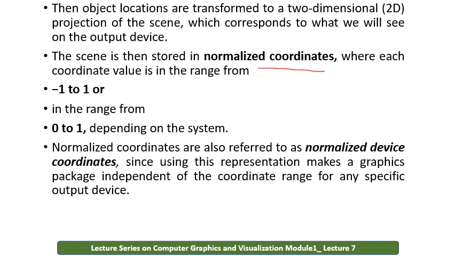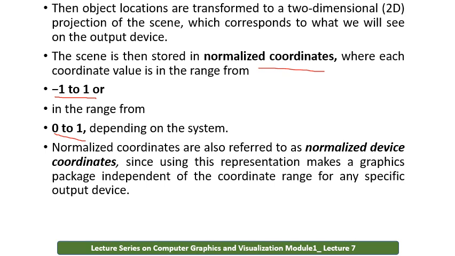Whatever object coordinates and world coordinates we have considered will be transformed to a 2D or 3D object on the scene, and that scene is stored in normalized coordinates, where each coordinate value ranges from -1 to 1, or it may be 0 to 1 depending upon the system.